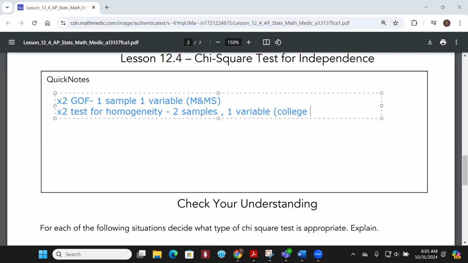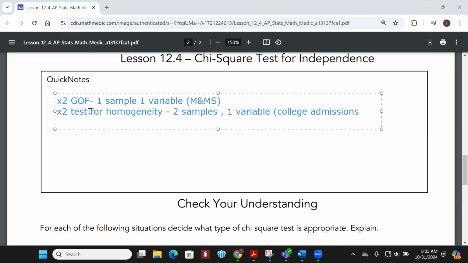And then we talked about chi-squared test for independence. That's 1 sample, 2 variables, and that's talking about Taco Tongue and Evil Eyebrow. We still did the whole 4 C's method. That doesn't go away with either one of these.